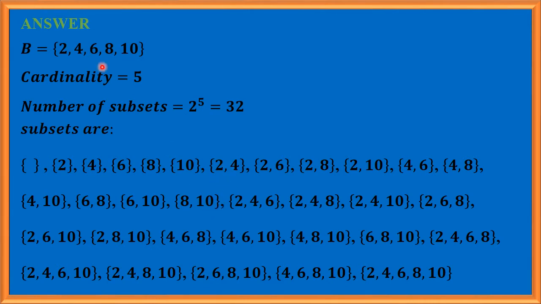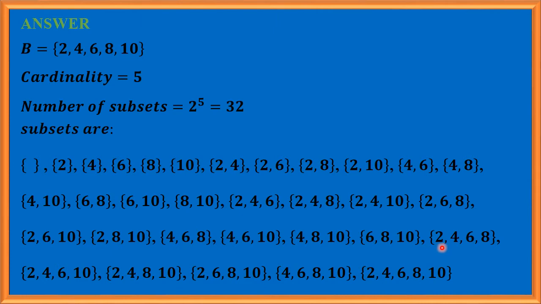Then we'll start by combining 3 elements. So I have {2, 4, 6}, {2, 4, 8}, {2, 4, 10}, {2, 6, 8}, {2, 6, 10}, {2, 8, 10}, {4, 6, 8}, {4, 6, 10}, {4, 8, 10}, {6, 8, 10}.